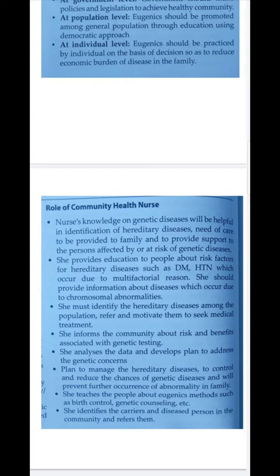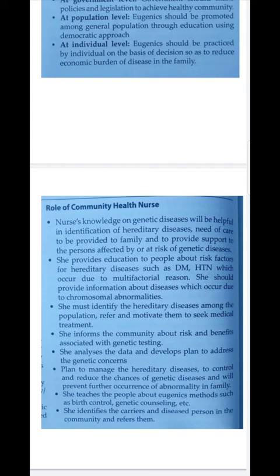So she must have certain knowledge regarding diabetes mellitus and hypertension, so she can give information to others. She must identify the hereditary disease among the population, refer and motivate them to seek medical treatment. She should identify the hereditary disease in this community, then refer it to the hospital.